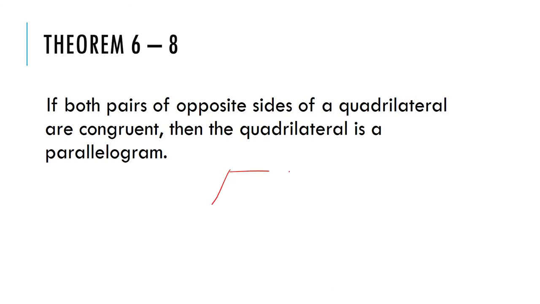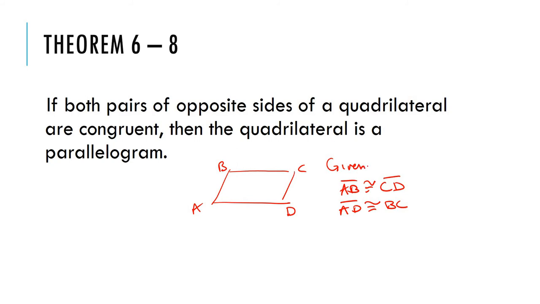So in a proof, if you're told that AB is congruent to CD and that AD is congruent to BC, both pairs of opposite sides of a quadrilateral, so if this is the given, we can then prove by the givens that ABCD is a parallelogram. So it's really simple stuff here.